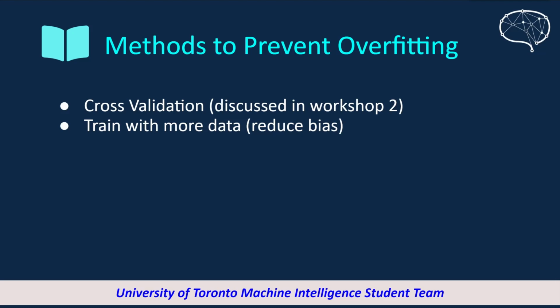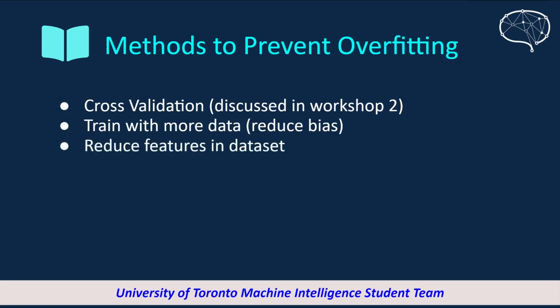But if you have 3,000 or 3 million data, then those data will probably cover almost all the cases, and there will be less bias, a very minimal bias. So if you train with more data, the model would be less likely to overfit to some kind of bias or data distribution. So you have more generalizability in your model.